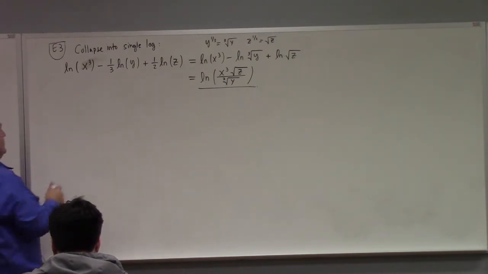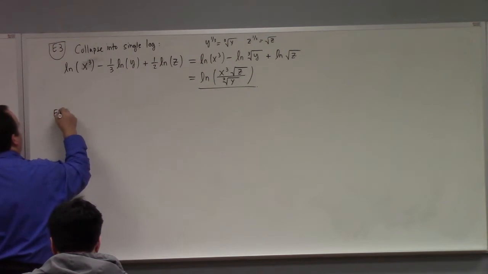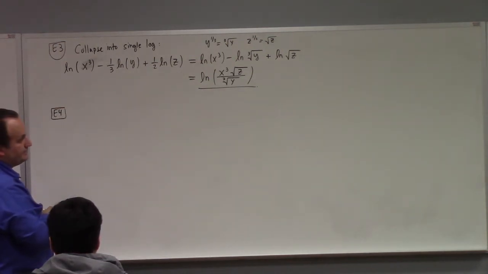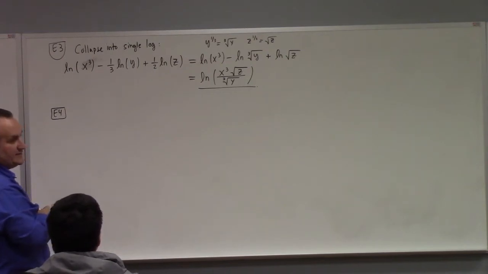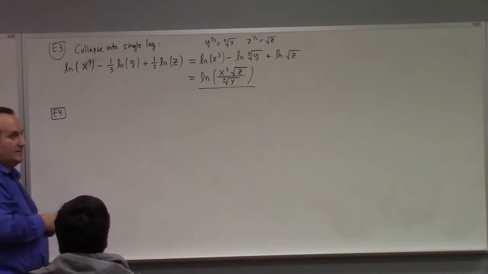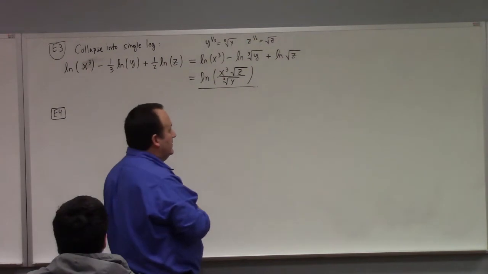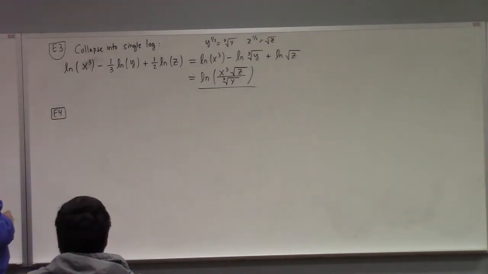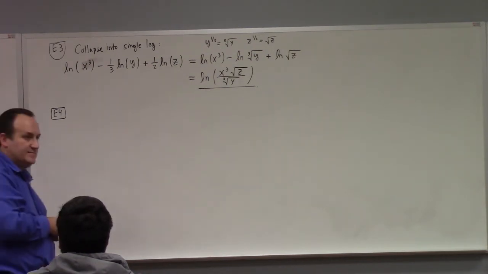Sure, go for it. You know that the square root of z would be in the numerator because it's a plus? Exactly. If it's minus, it goes downstairs. If it's plus, it goes upstairs. Thank you.